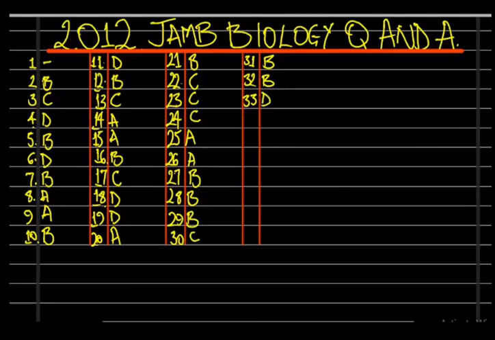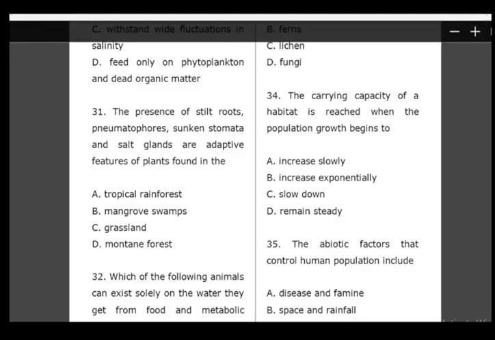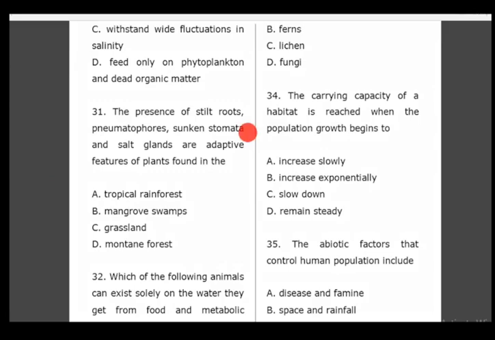Option D. And then question 34 says the carrying capacity of a habitat is reached when the population growth begins to A. increase slowly, B. increase exponentially, C. slow down, and D. remain steady.